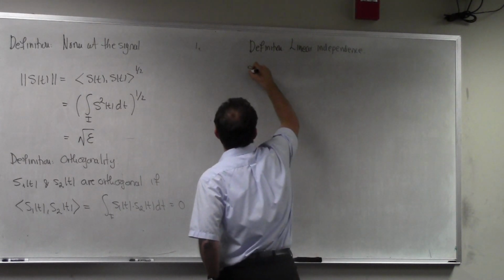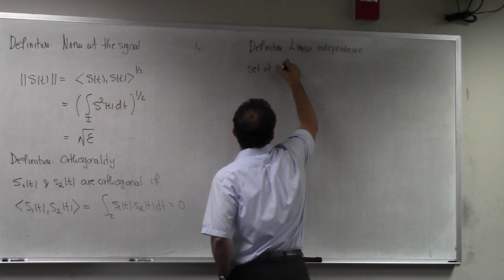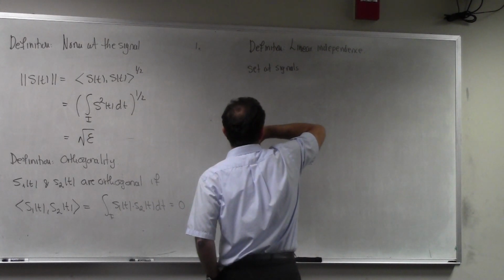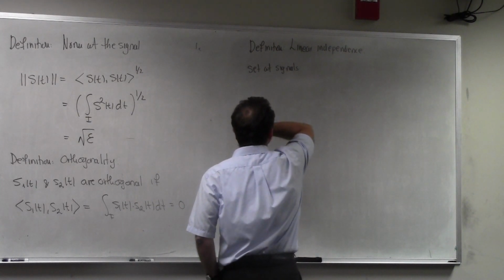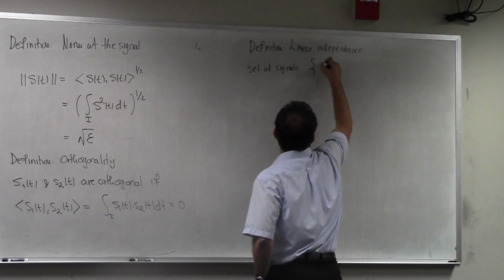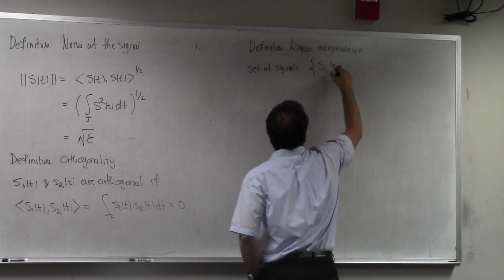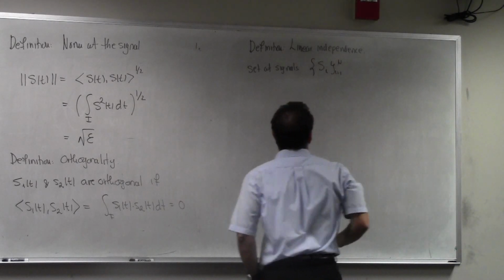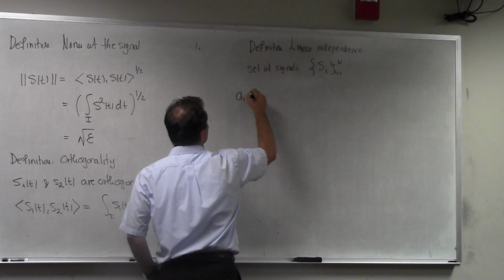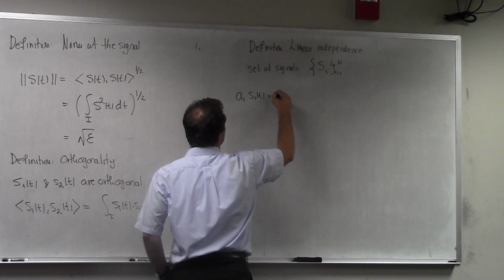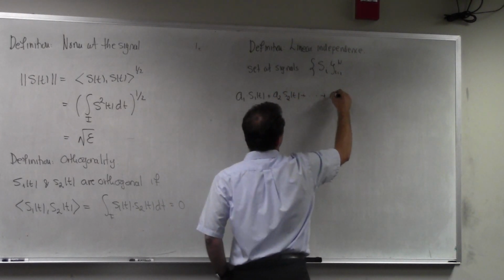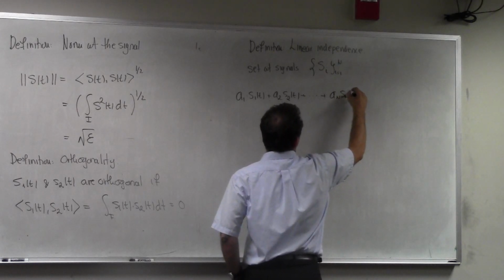Consider a set of signals, let me call this Si, where i goes from 1 through n, or what is called a linear combination. So I'm going to say A1 times S1 of t plus A2 S2 of t plus and so on plus An Sn of t.